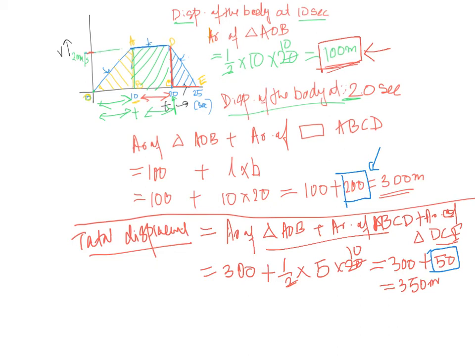Initially the velocity was increasing. It had not reached 20 meter per second, so I've reached a lesser point. And finally, in the next 5 seconds, I have reached only 50. That means my first 10 seconds and the last 5 seconds, my rate of change was the same. 50 in 5 seconds is the same as 100 in 10 seconds, right?